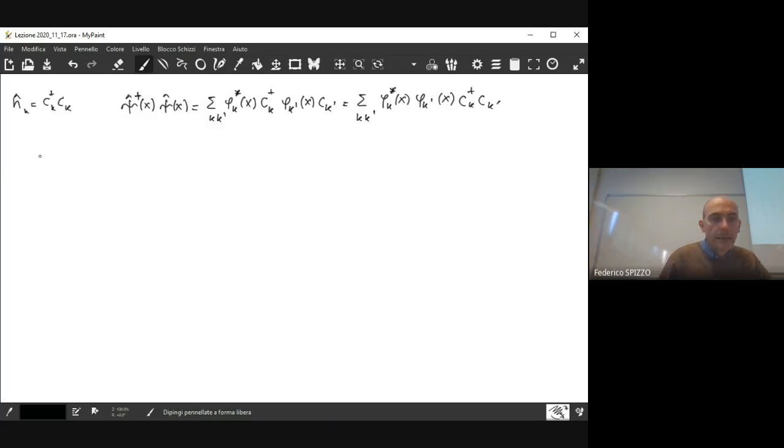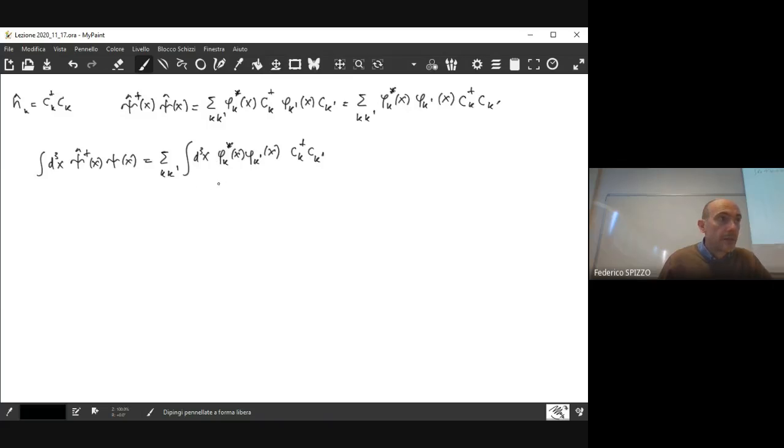So if I evaluate this expression, then I have a sum over k and k prime, an integral in d3x over full space of phi k conjugated of x, phi k prime of x, and then the two operators that are out of the integral.